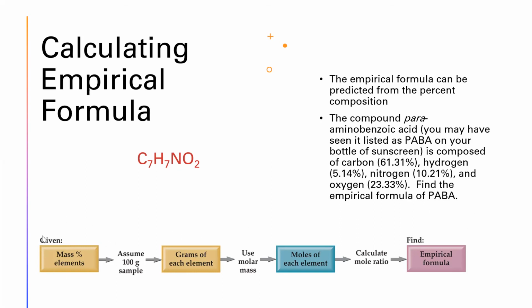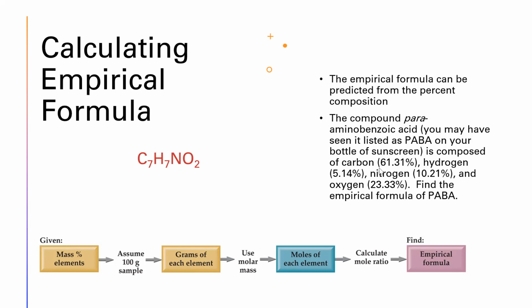This is the way. First, we know the mass of elements in percent, and then we assume we have 100 grams of sample, and then using the percentage of each element, we calculate the mass of each element.